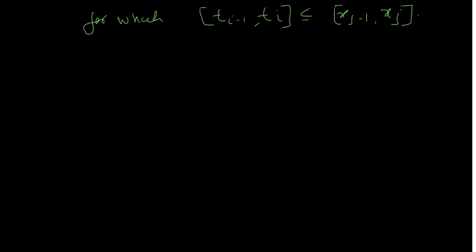Same for j equal to 2, where we have the interval x1 to x2. Then we need to find the intervals with respect to the partition Pn which lie entirely in the interval x1 to x2. Say we have five such subintervals. Then sigma 2 will be the sum of five terms, and so on and so forth.